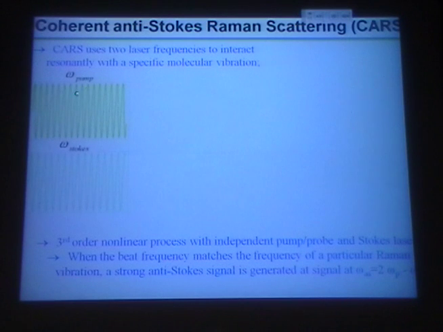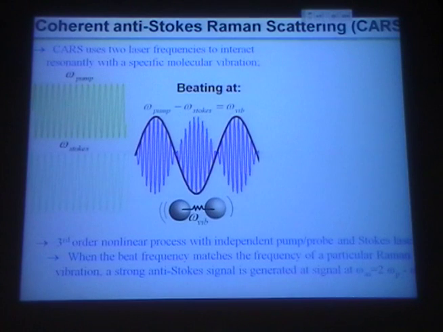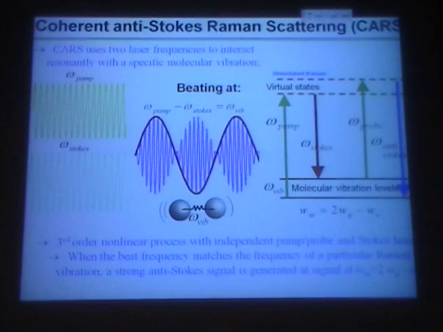In this process, just like in the case of SRS, or stimulated Raman scattering, we typically use pump and Stokes frequencies, and the beating frequency corresponding to the difference of the two is matched to the intrinsic vibration frequency of the chemical bond of interest in the liquid crystal molecule that comprises our sample.